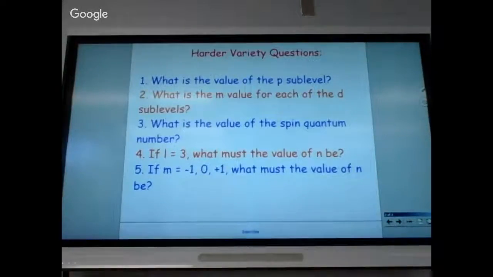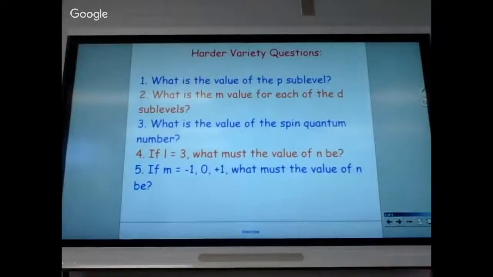Why is it harder? Because these use those numbers that we were just talking about, those values, like the L values and the M values, the addresses of the electron. Okay? So what value or number, what address does the P sublevel have?